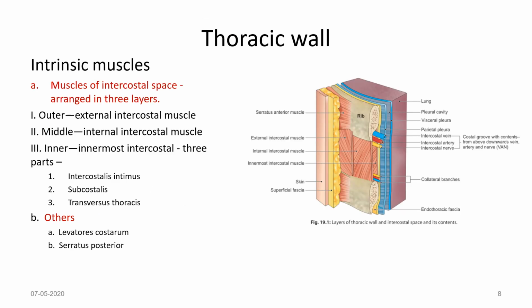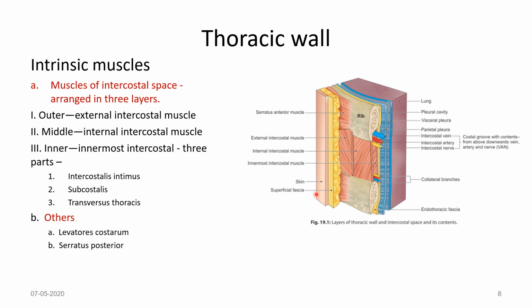Now let us see what the intrinsic muscles are. They can be divided into those of the intercostal space and others. The muscles that are arranged in the form of 3 layers in the intercostal space are the external intercostal muscle, internal intercostal muscle and innermost intercostal muscle.